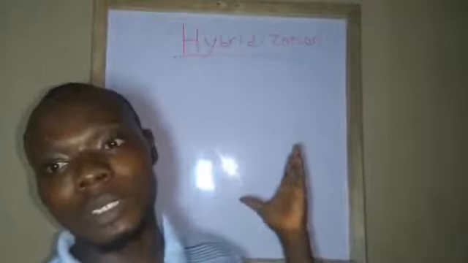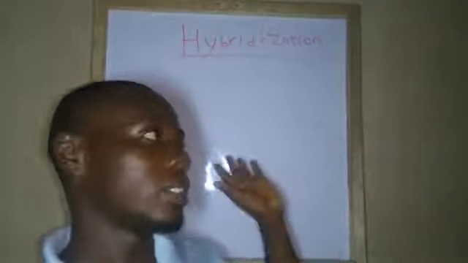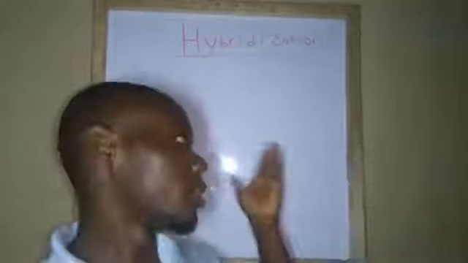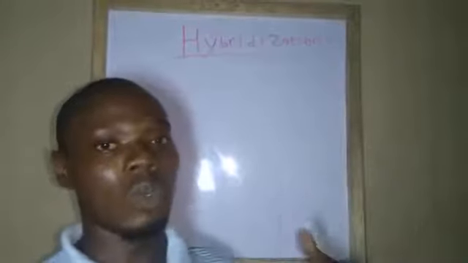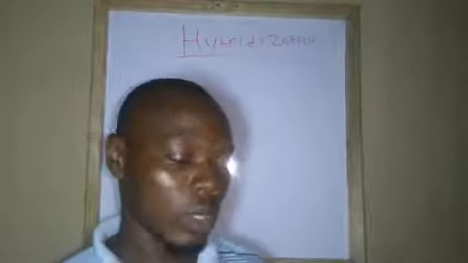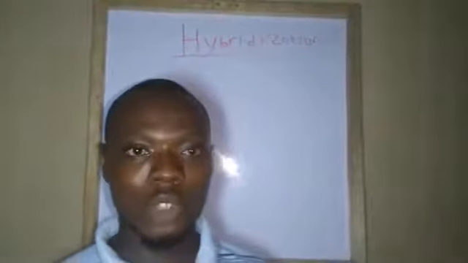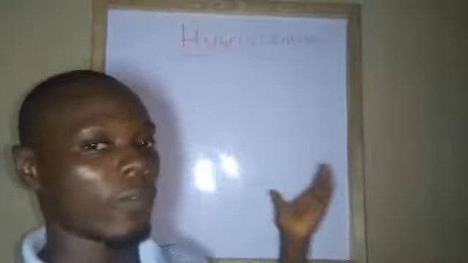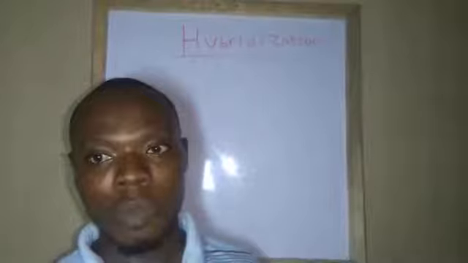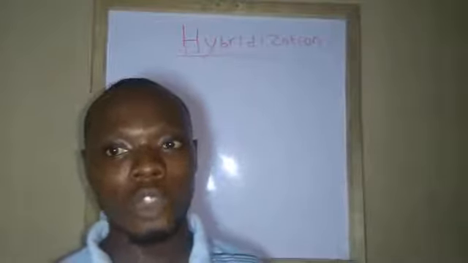The other elements bonded to the central element, we just add up to it. But the main work is on the central element. So that's what I want you to know. Let's go ahead. I'll be showing the hybridization of many compounds, and even some compounds that have unusual hybridization.